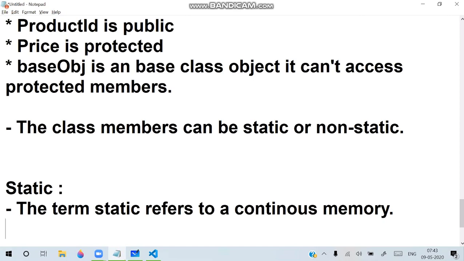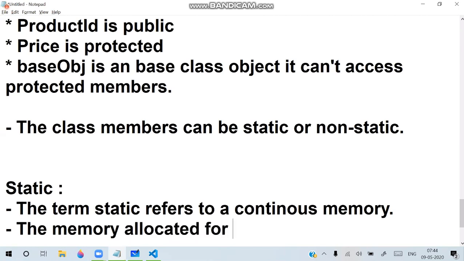And what is static memory? The term static refers to a continuous memory. When you are talking about static and non-static, you are talking about memories. What do you mean by continuous memory?